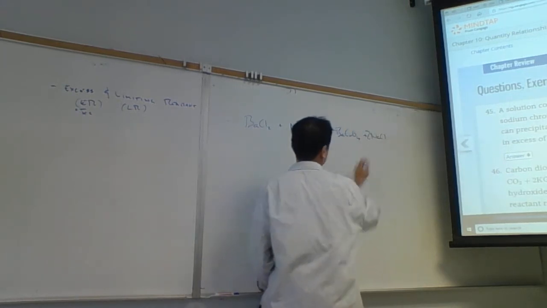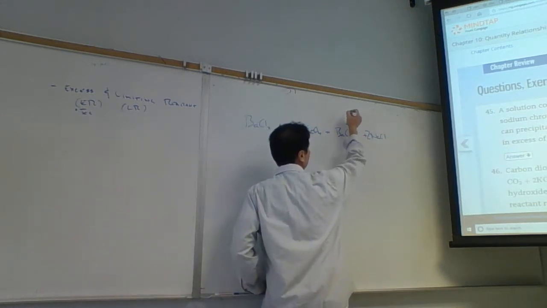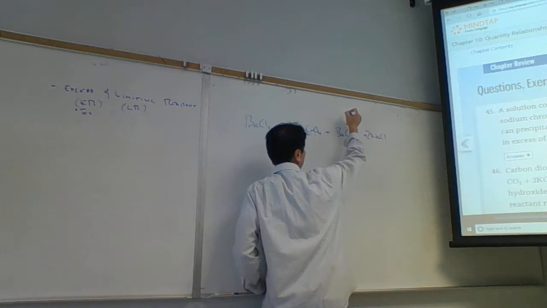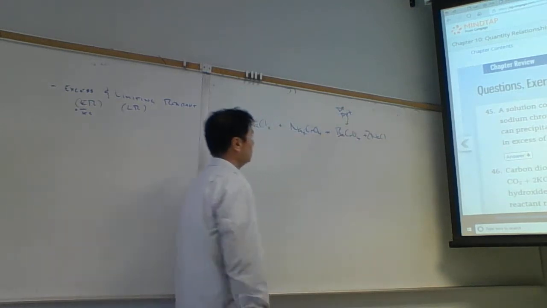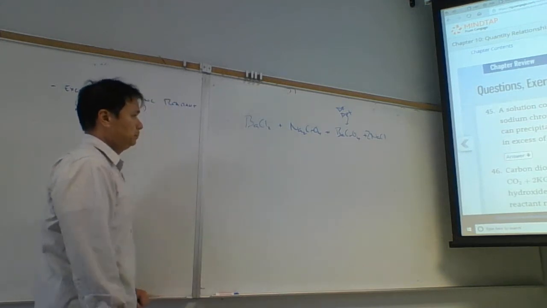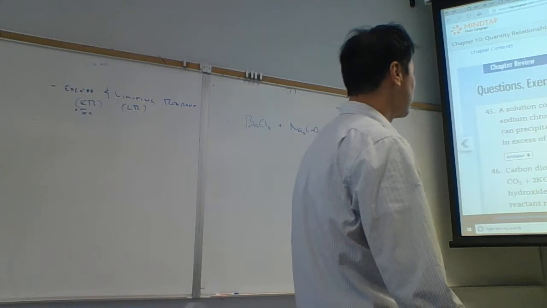Need 2 sodium chlorides to balance it out. Chromates are all insoluble except for group 1 and ammonium. So this is an insoluble solid, which is going to be a PPT. So that will be our driving force here. Find the mass in grams of barium chromate that can precipitate.